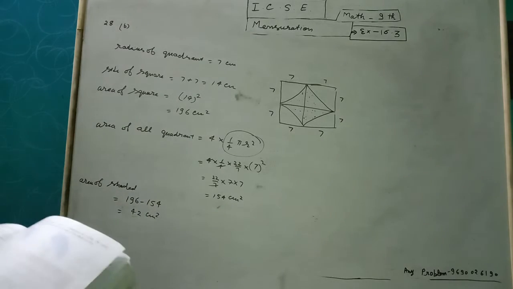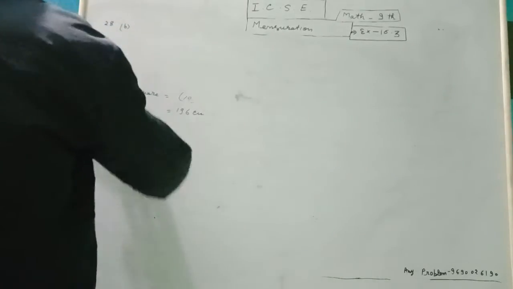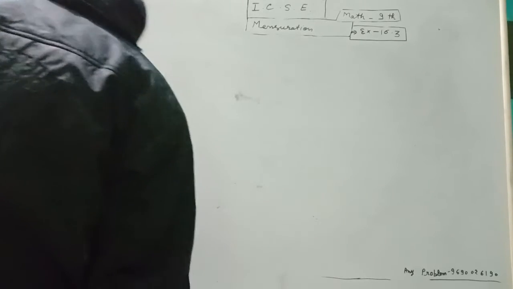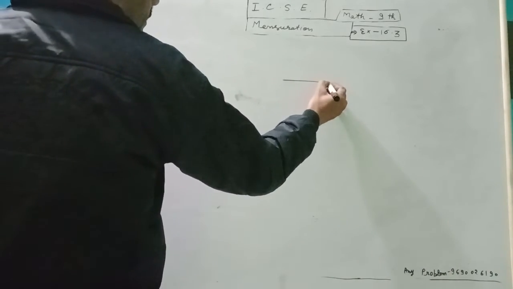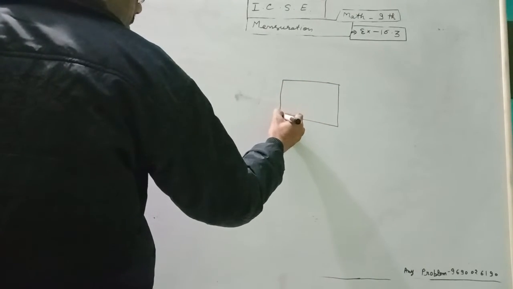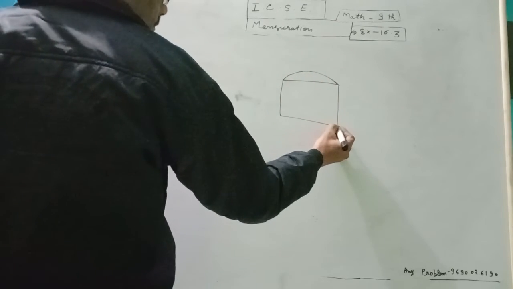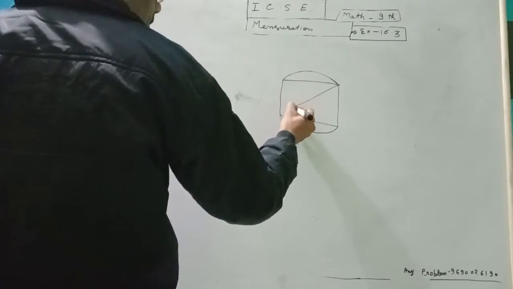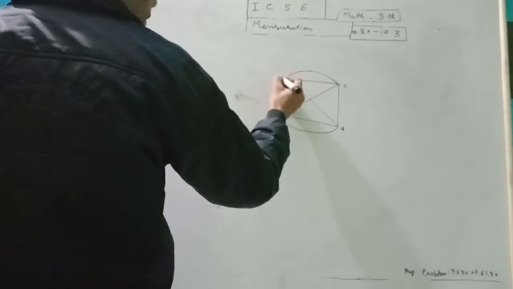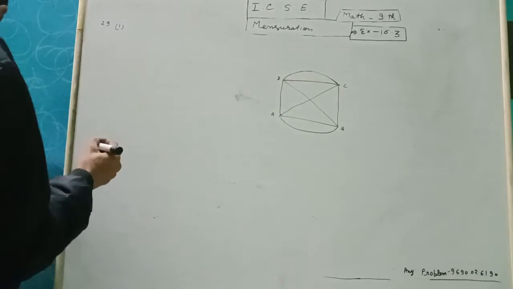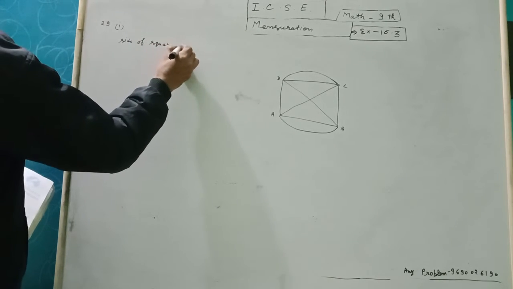29 is the question, first part. ABCD is a square whose side is 56 meter. Side of square is equal to 56 meter.